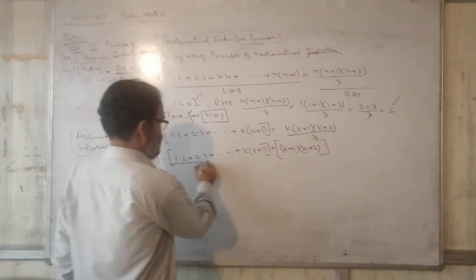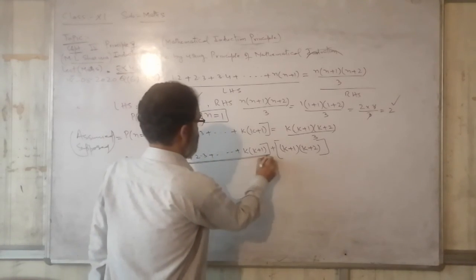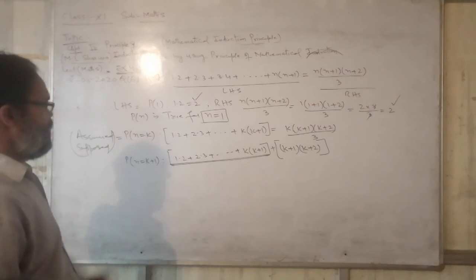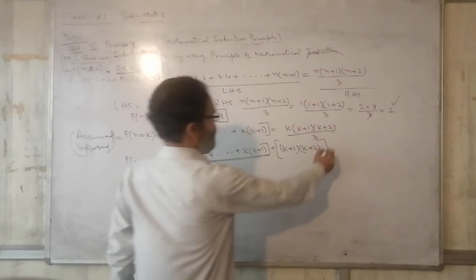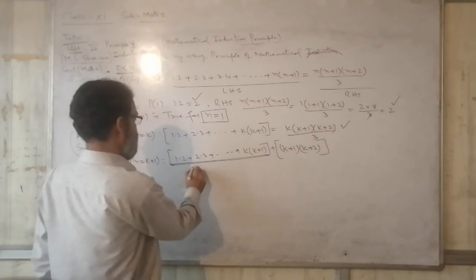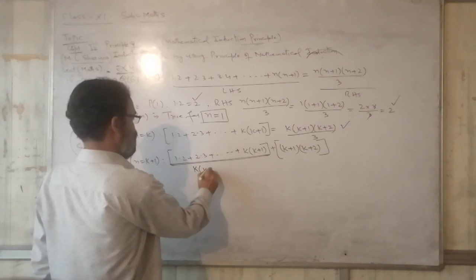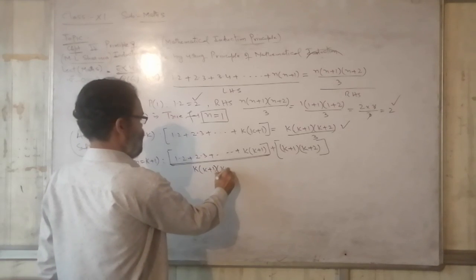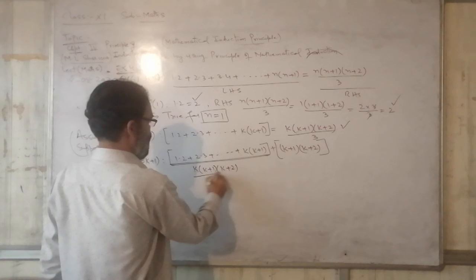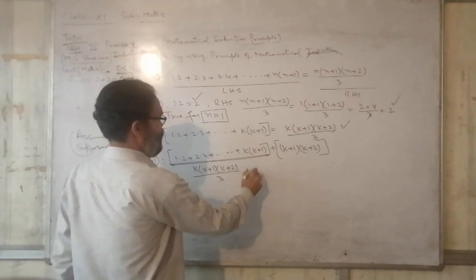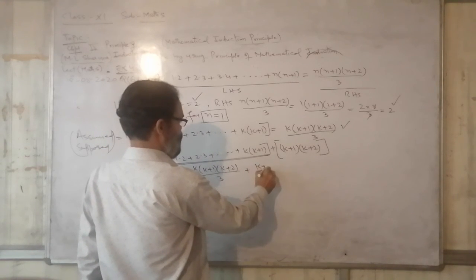Now this value is known to you, and this value is written here. So I can write k into k plus 1 into k plus 2 upon 3 plus the same value.